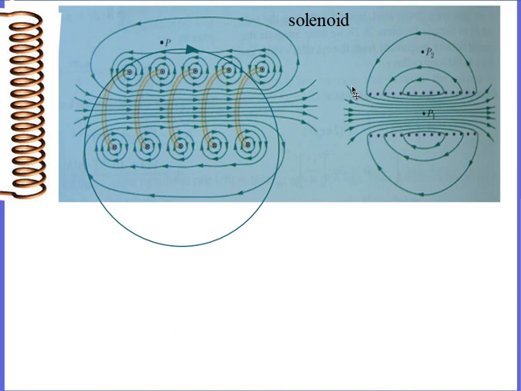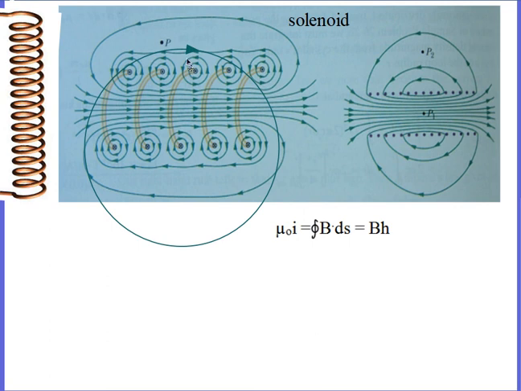Okay, we need to come up with a formula for the magnetic field from a solenoid carrying a current I. And we're going to start with the magnetic field from one of these currents.